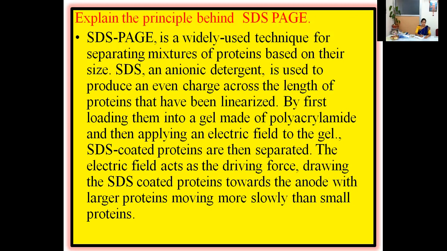The SDS-coated proteins are then separated. The electric field acts as the driving force, drawing the SDS-coated proteins towards the anode, with larger proteins moving more slowly than small proteins.